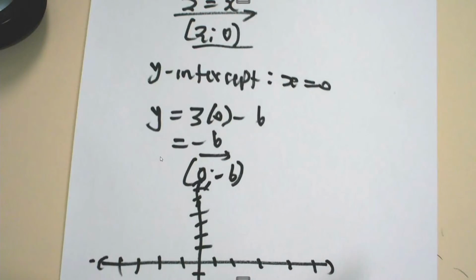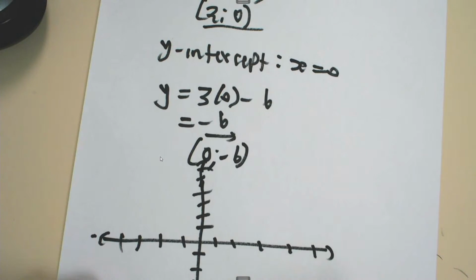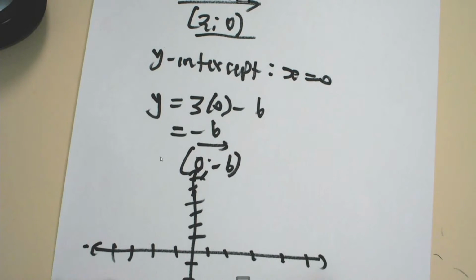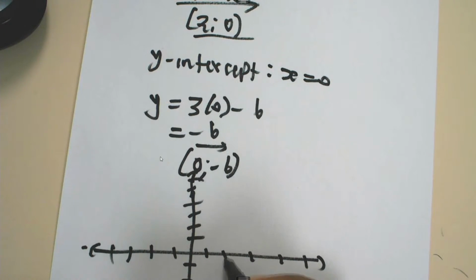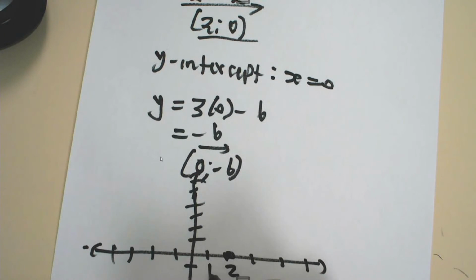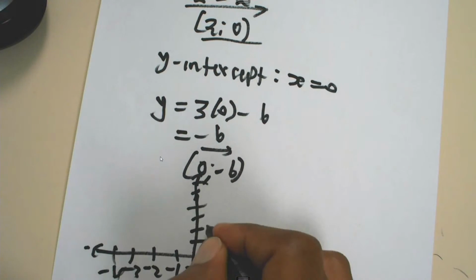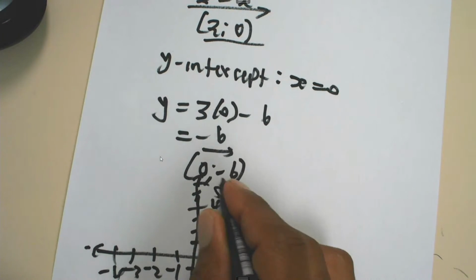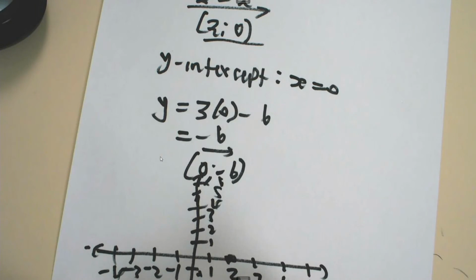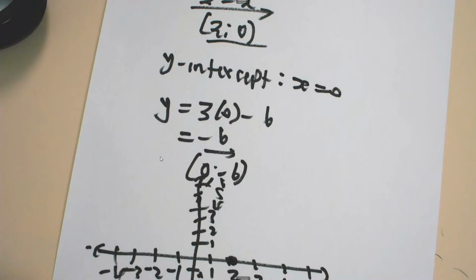Where is that point? Yes, I can hear one of you says the point is on the x-axis. You are right. The point is here at 2. So I have a point here.